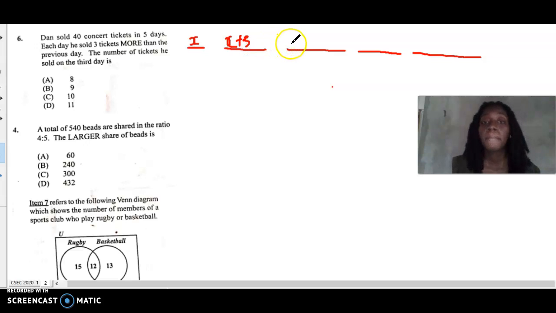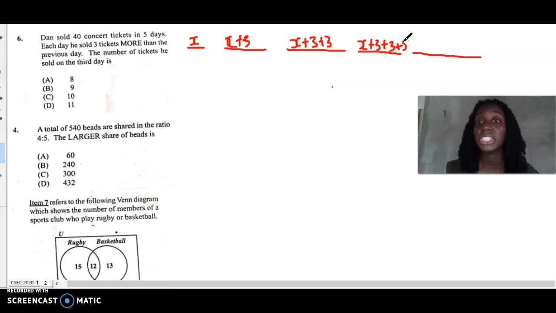day 1. Now on day 3 he would have sold that amount on day 1 plus what he sold on day 2 plus an additional 3 on day 3. On day 4 he would have sold day 1, 3 more on day 2, the amount on day 3, plus the amount that he would have sold on day 4.